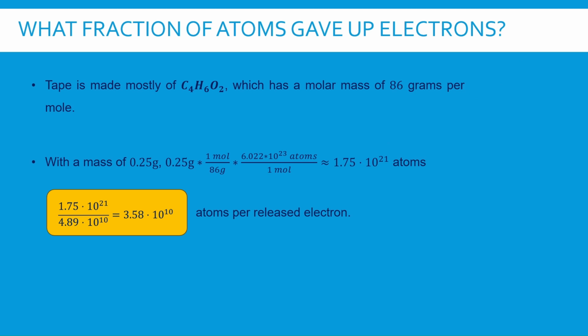We did research and concluded that the tape is mostly made of a material called polyacrylate, and by calculating the mass, we were able to get the number of atoms that made up the tape, which was approximately 1.75 times 10 to the 21 atoms. Then by dividing this over the number of electrons, we got a ratio that tells us how many atoms there were per released electron.